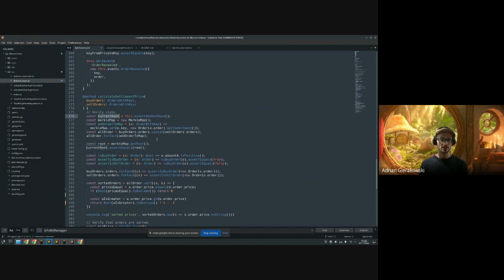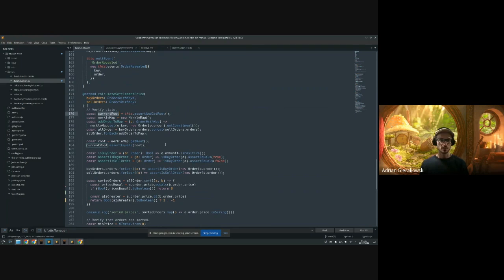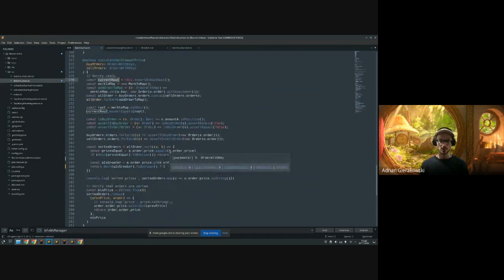And I can assert certain things about the orders, like sorting them by price, which is part of the algorithm for calculating the settlement price. But calculating the settlement price, and which orders should be settled by which amount, because some orders may be partially settled, for example, is quite involved.